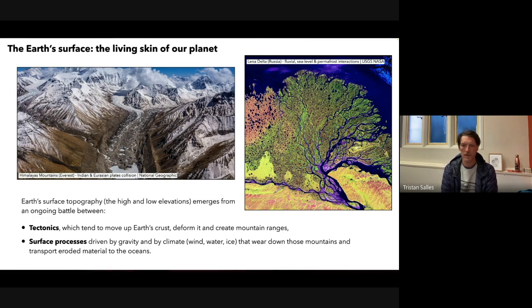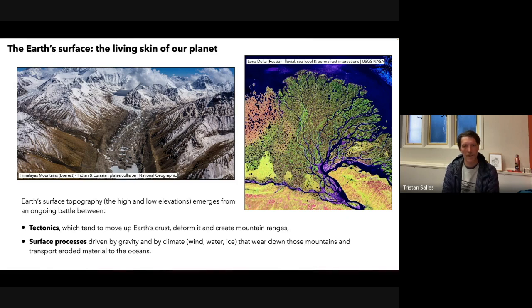The first one is tectonics, which integrates different forms from fault activity, but on the long time scales that we are looking at, it's mostly driven by plate tectonics, which is going to move the surface up and down and create mountain ranges, a critical evolution of this tectonic forcing.